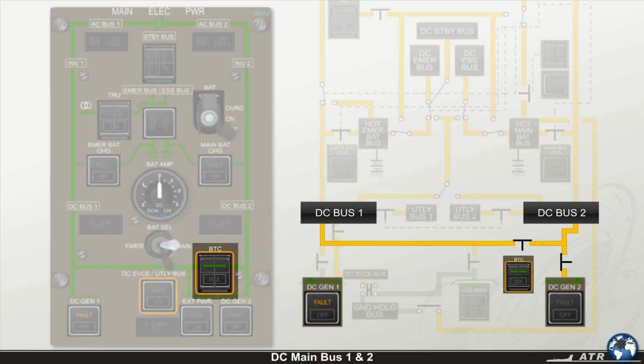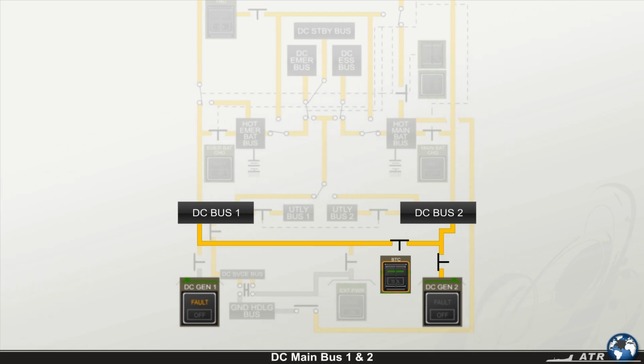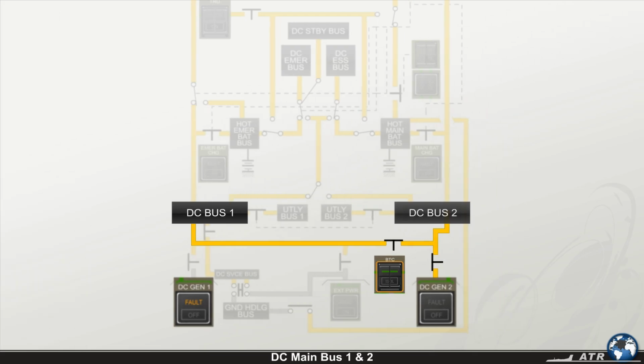This event is indicated by the illumination of the green flow bar in the normally released bus tie contactor push button on the main electrical power panel. You'll hear more about this panel in upcoming lessons. Here's the normal assignment of the buses.